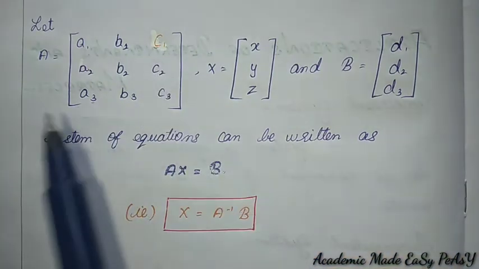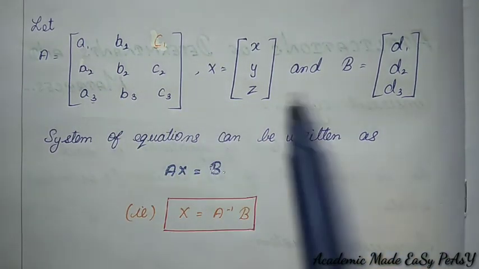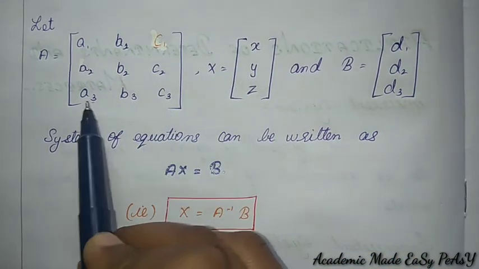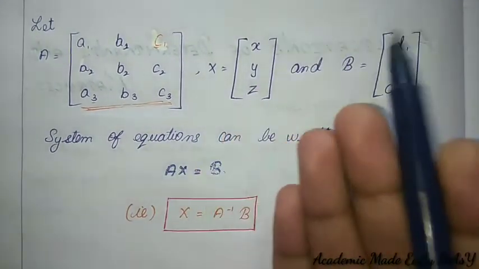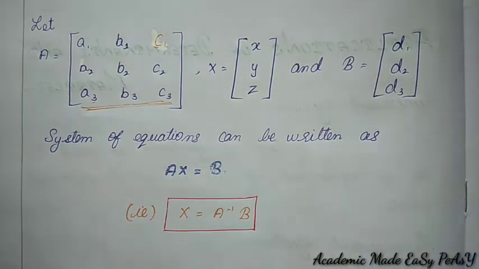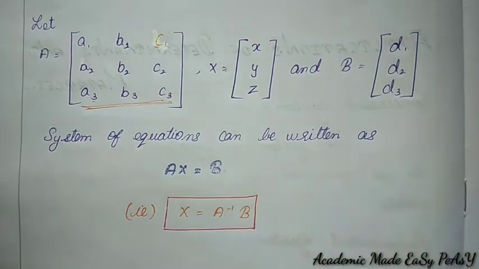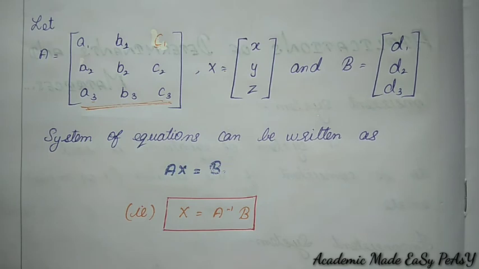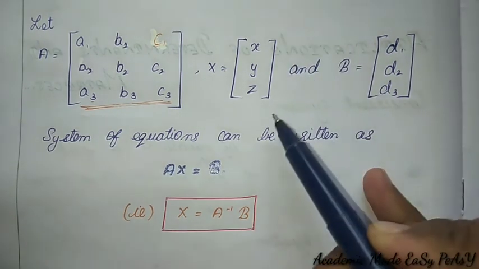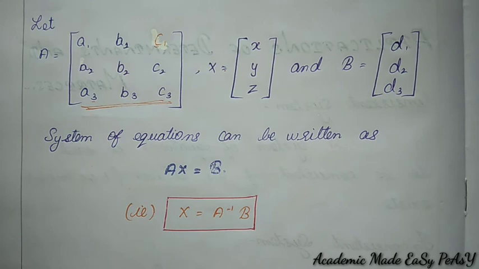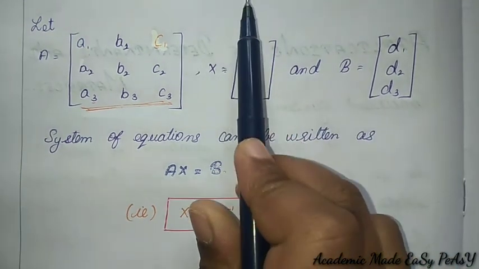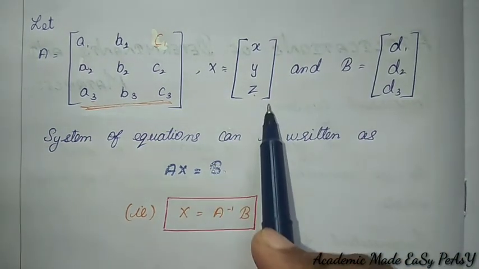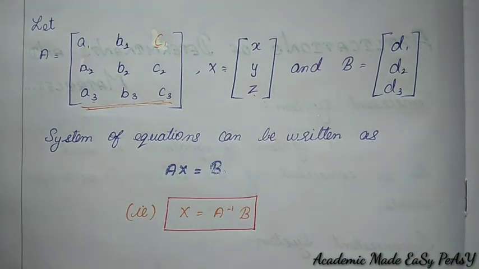Next, X is the matrix that contains the variables in a column matrix, here X, Y and Z, since my equation contains X, Y and Z. If only X and Y are given, then my variables will be X and Y only.